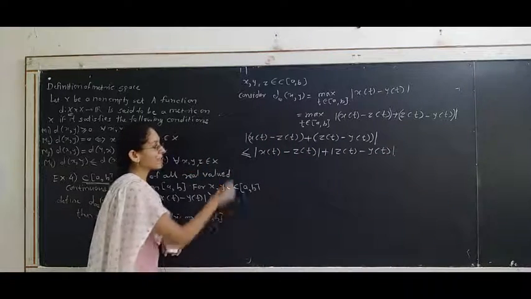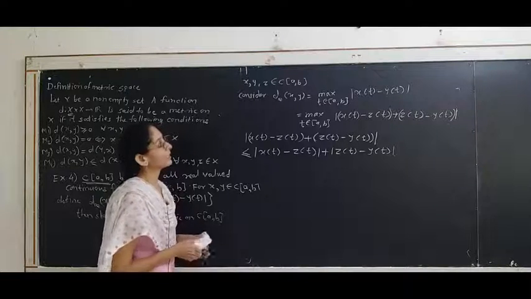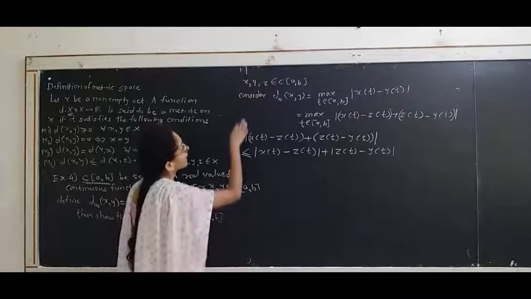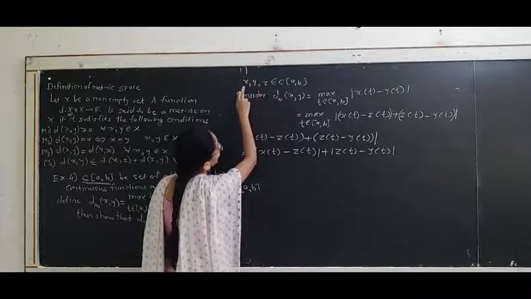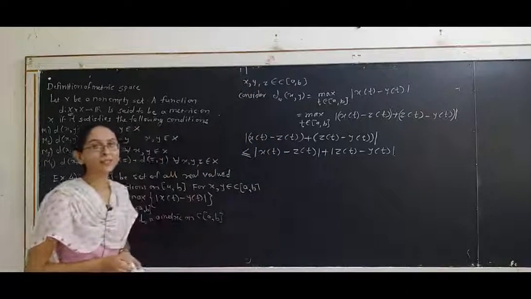Now taking the maximum of both sides for t belonging to the closed interval AB. Why? Because we have already defined all three functions over the closed interval AB, which are continuous and real valued.